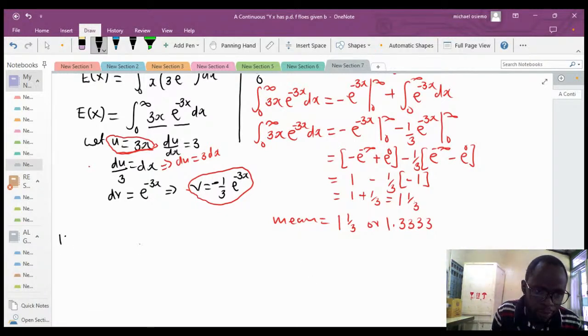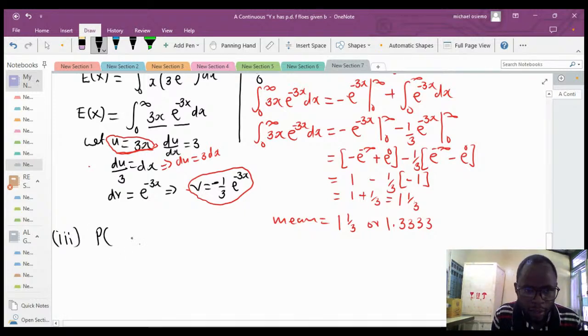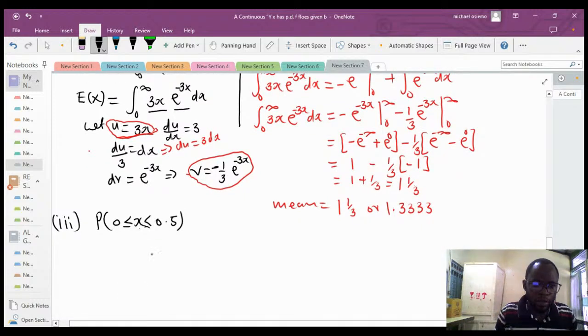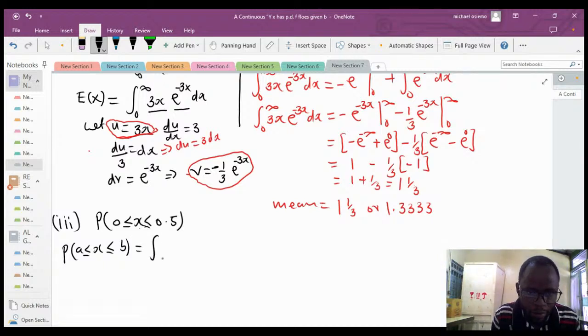So Roman number 3. We are required to find the probability that x is in between 0 and 0.5. We said that the probability when x is in between a and b is equal to the integral from a to b of f of x dx.